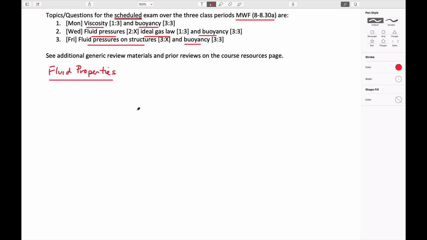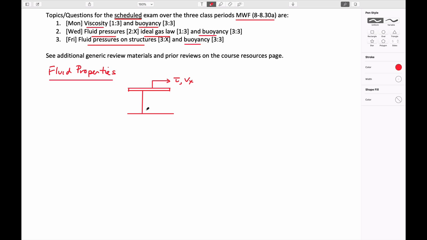And so under that, of relevance to this exam, is viscosity. You all definitely know Newton's law of viscosity. The idea is that you take a plate, you move it at some either shear stress or at some velocity in the x direction.